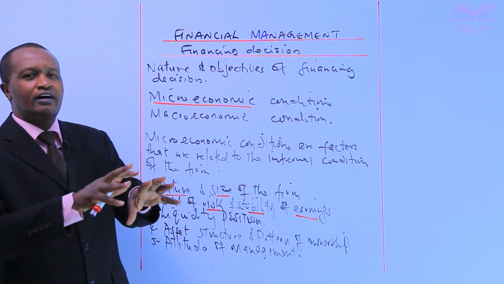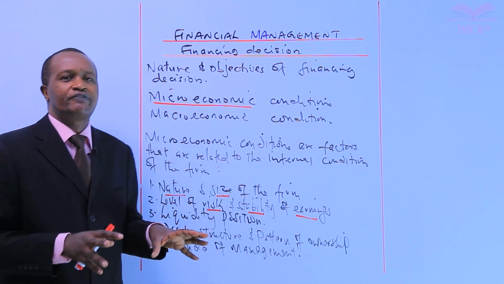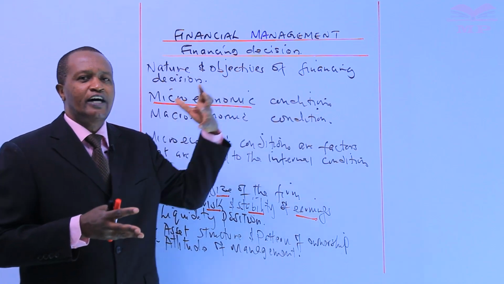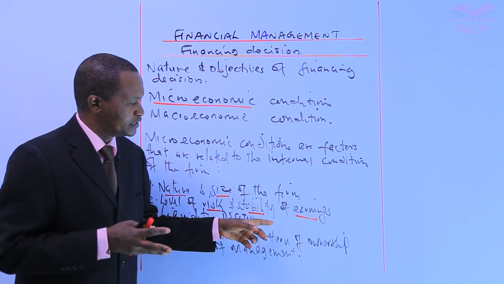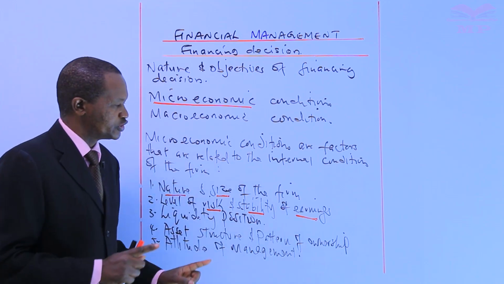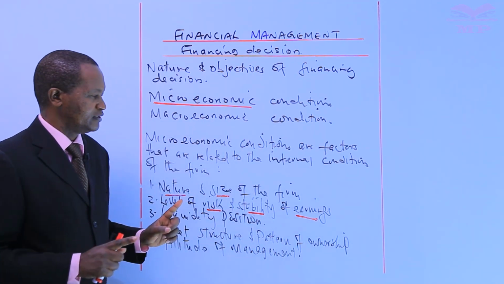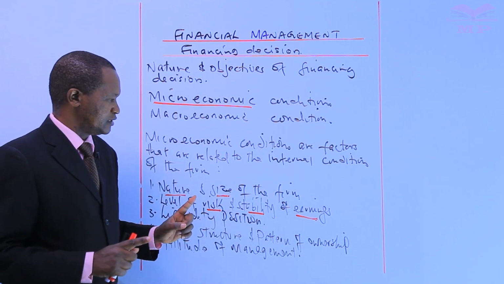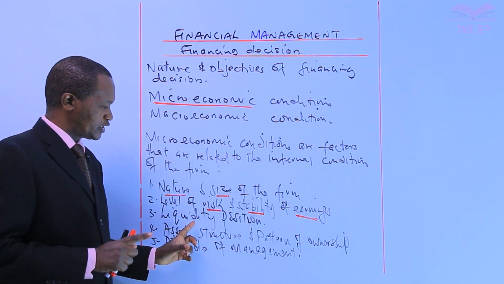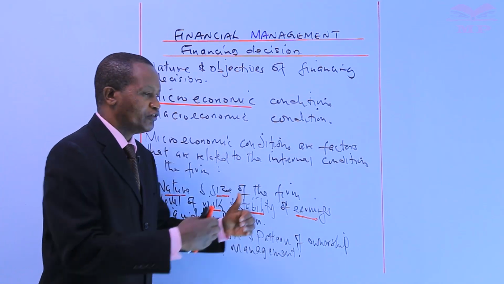Those are working capital requirements. If the working capital requirements are very large, then a firm may adopt a conservative dividend policy. A firm will choose not to pay dividends. That means a firm will use the little cash at its disposal to finance.